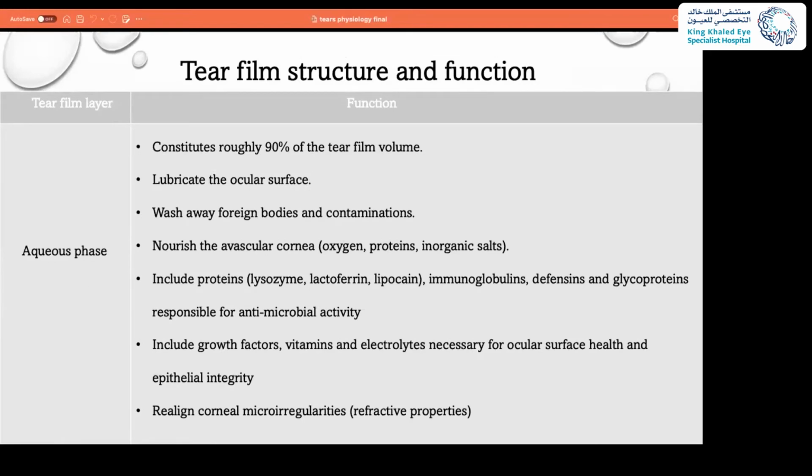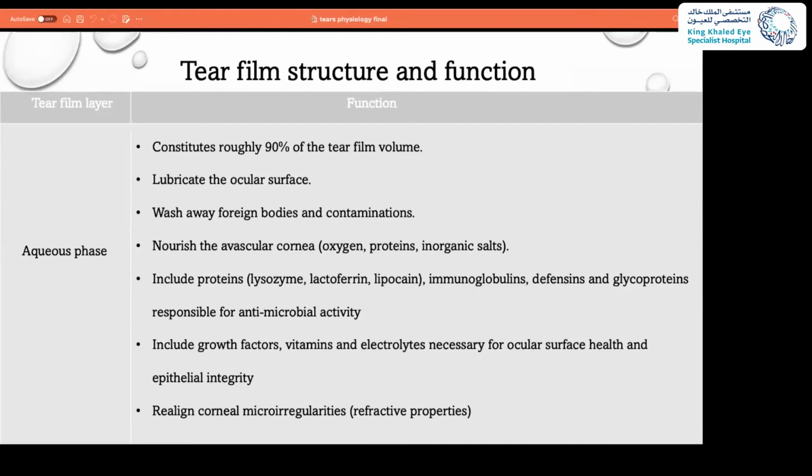Aqueous layer, it constitutes roughly 90% of tear film volume. It lubricates the ocular surface and washes away foreign bodies and contamination. It nourishes the avascular part of the eye, which is the cornea, and provides it with oxygen, protein, and inorganic salts, including proteins, lysozyme, lactoferrin, and immunoglobulin, and a glycoprotein responsible for antimicrobial activity.